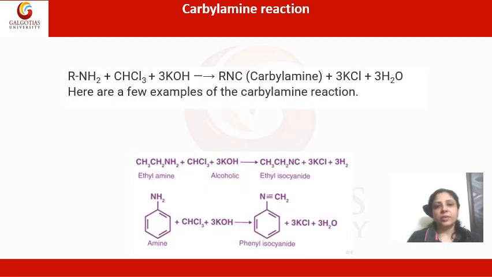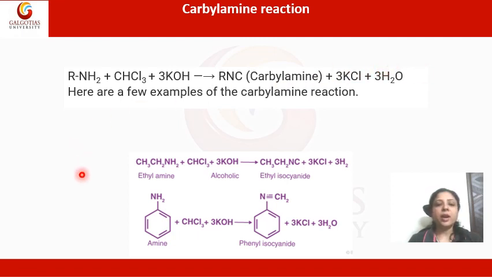This is the reaction for the carbylamine test, whereby we can see that a primary amine is reacted with chloroform and potassium hydroxide, resulting in the formation of the foul smell that is due to carbylamine, KCl and water.